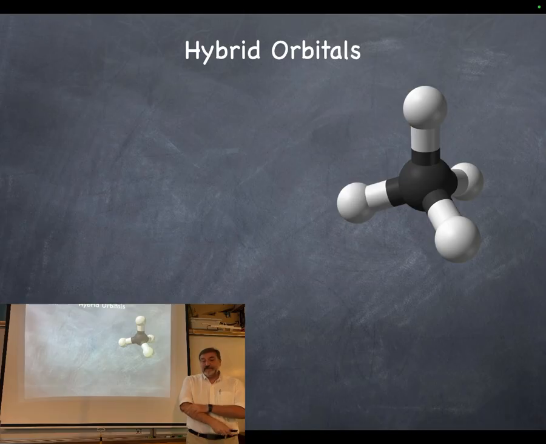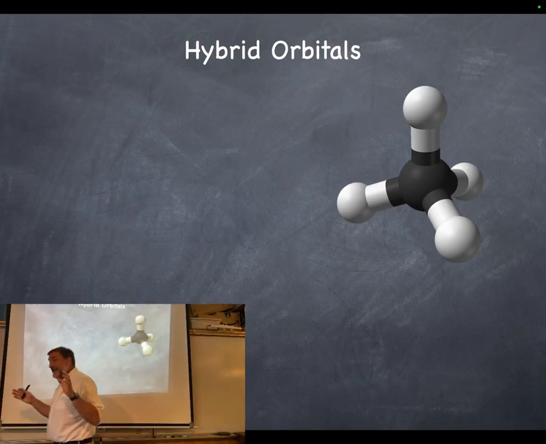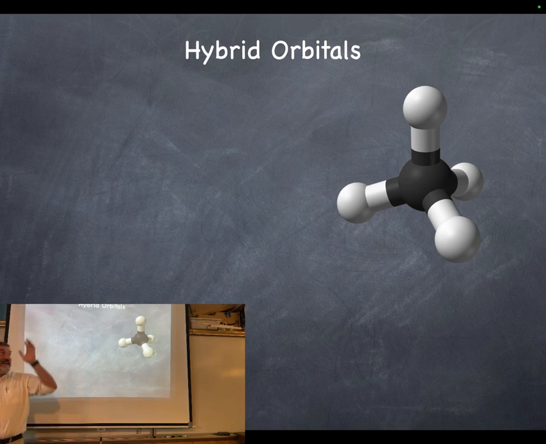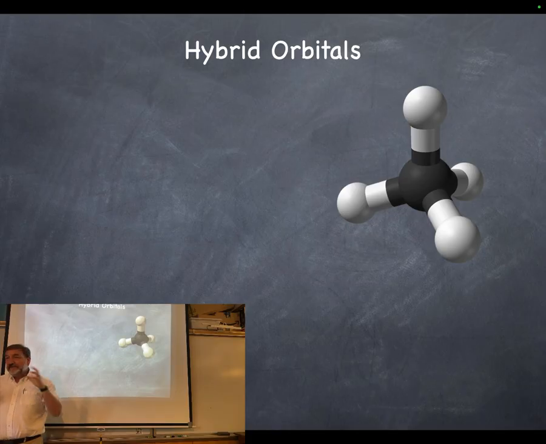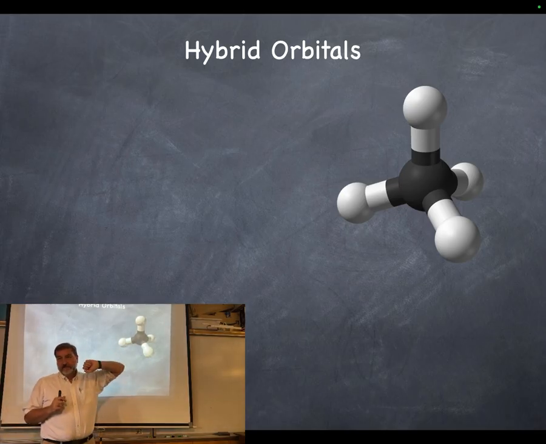It's a symmetric molecule. If you think about a carbon atom, however, it has an s orbital and 3 p orbitals in its outermost valence shell that we said does all the chemistry work. How do we get this shape?